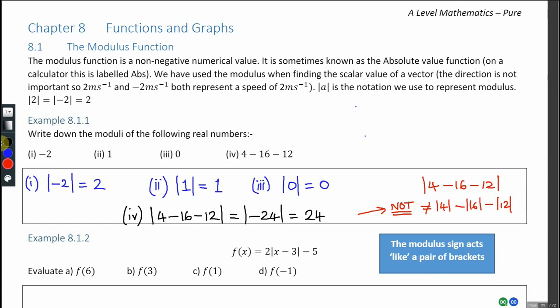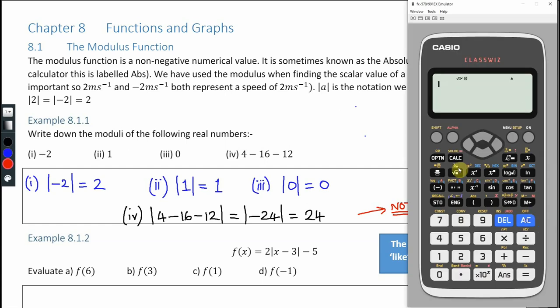Also, anything like the modulus of 4 plus the modulus of minus 16, or even plus the modulus of minus 12, again, that gives us the wrong answer. And if you need convincing, you can always check it on the calculator. The modulus of 4 take away 16 take away 12 is the modulus of minus 24, which is 24.